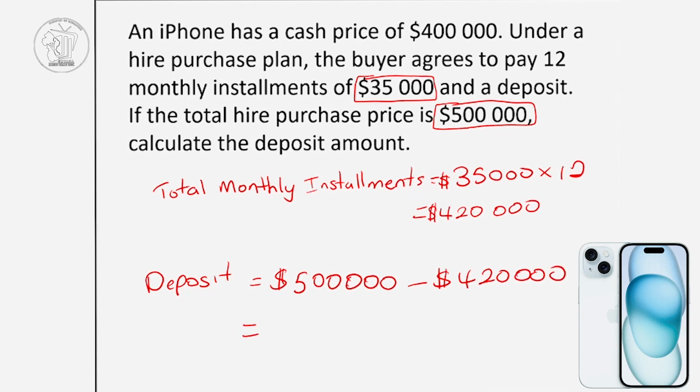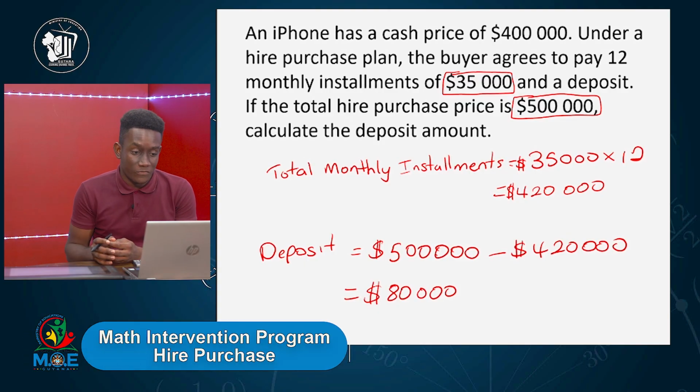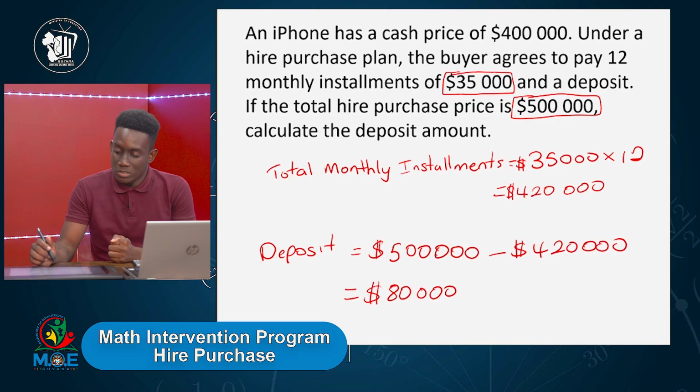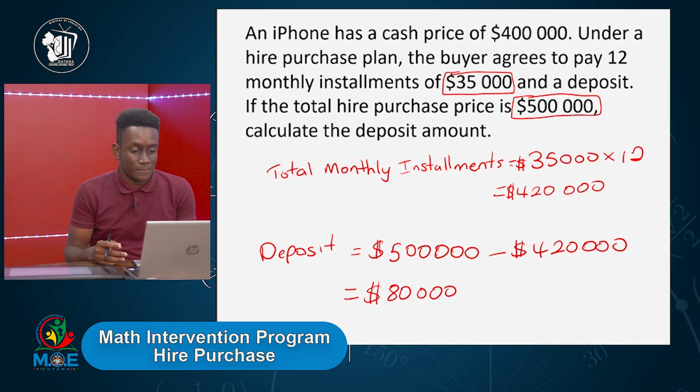When we work this out, we will get a value of $80,000. So we see that the buyer made a deposit of $80,000. And if we add this $80,000 plus the monthly installments, we'll get the hire purchase price, which is $500,000. And that is how you work out this question.